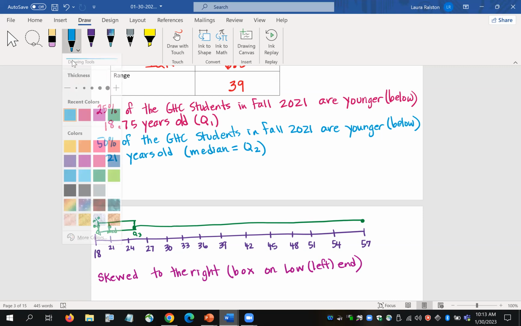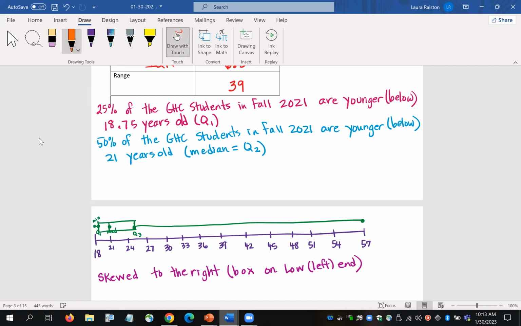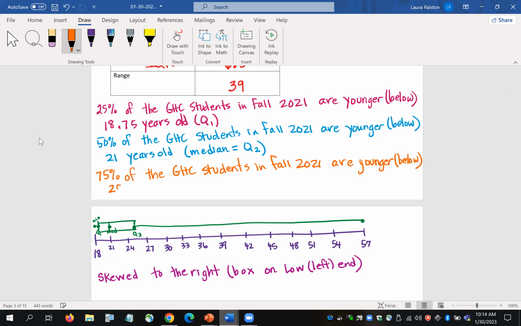And then you have your Q3. At Q3, you have 25, 25, and 25. So we would say 75% of the GHC students in fall 2021 are younger or below 25.25 years old.